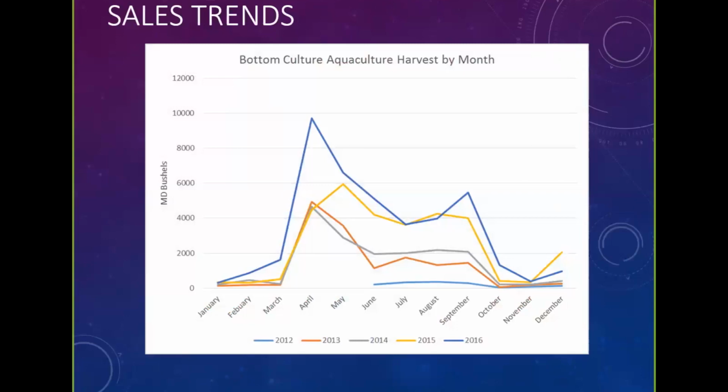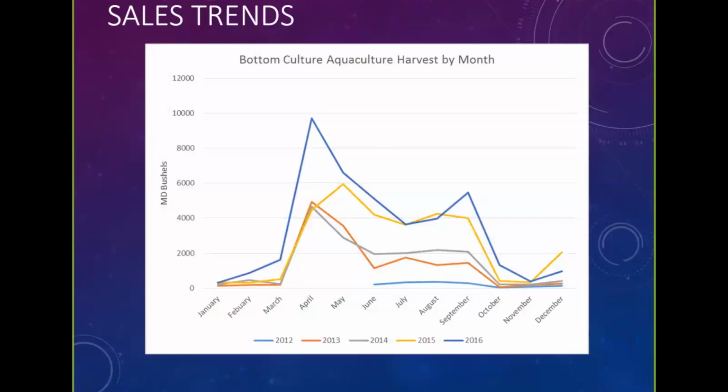Well, from October to March is when the wild oyster season in Maryland for commercial harvest is open. So the bottom culture guys the last few years haven't been selling a lot of product in the fall and winter, because that's when the price was lower because of all the wild product on the market.